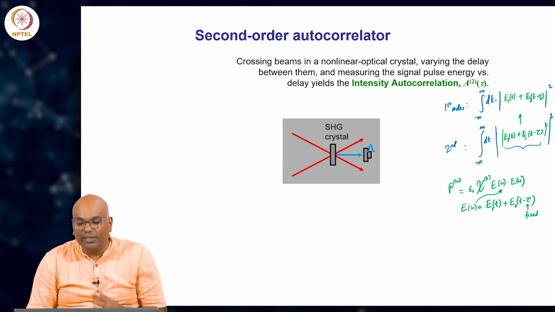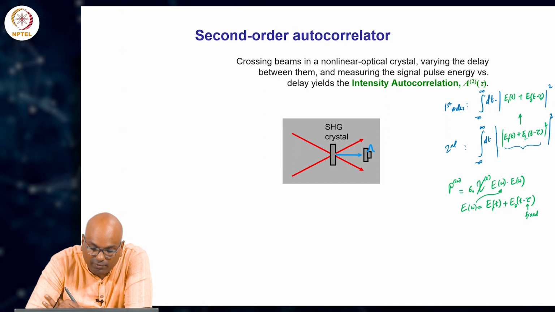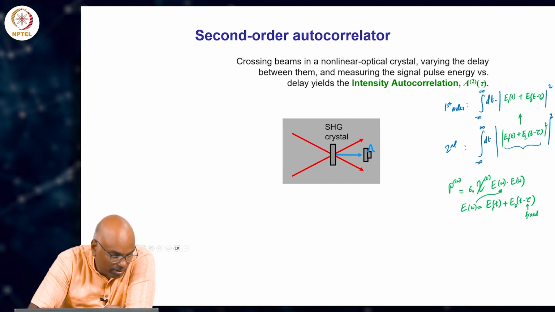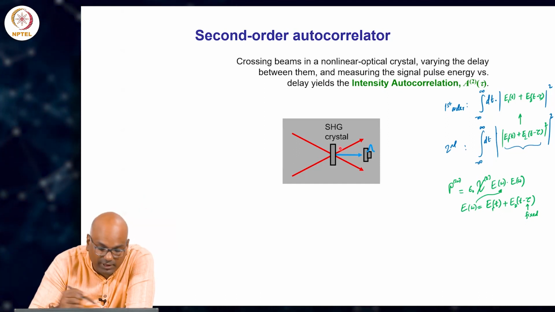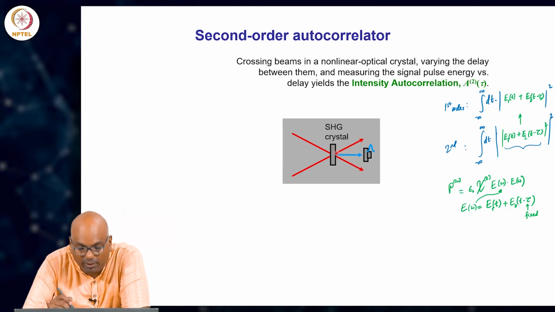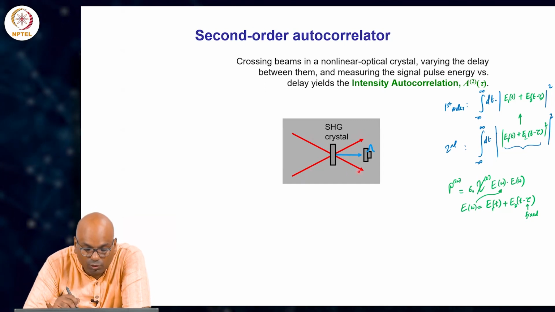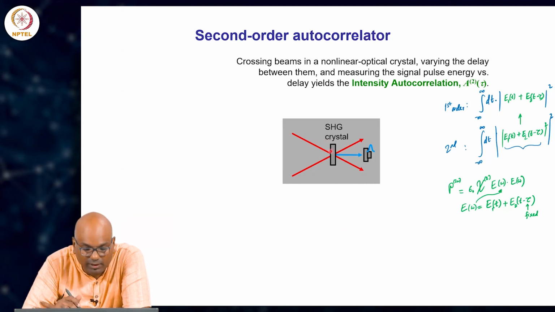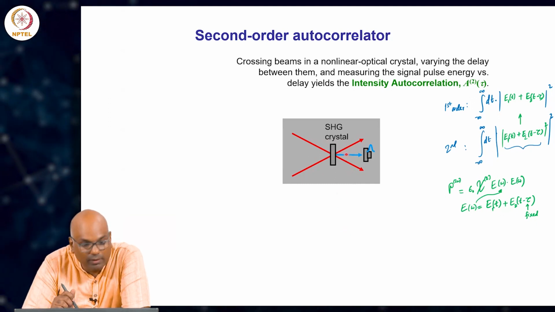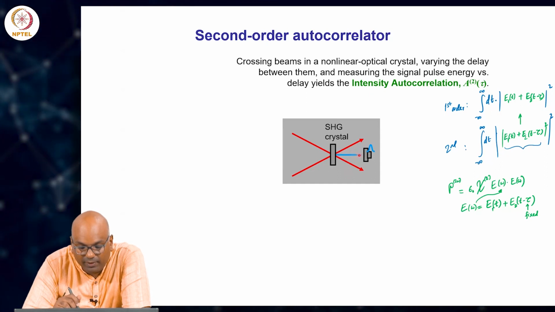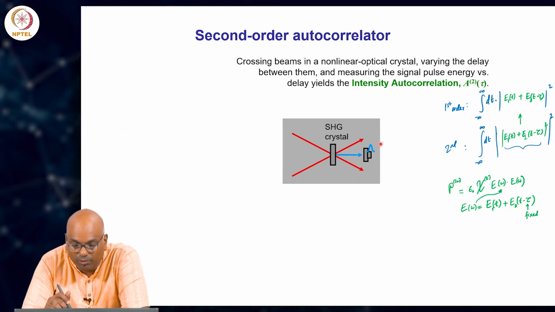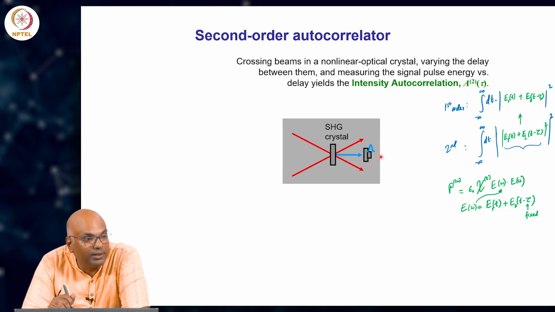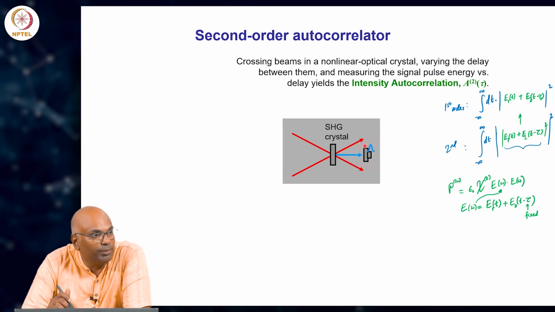Now, the question obviously comes from the output of this crystal: you have 3 electromagnetic waves coming out. Two of the beams intersected in this crystal and it produced a field. Third, you have the 2 omega field. Remember I told you that a plain vanilla detector is not a spectrometer.